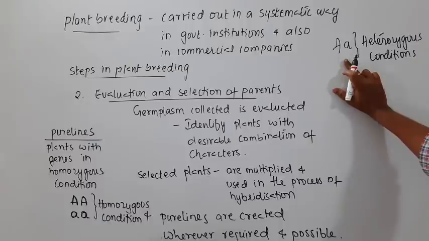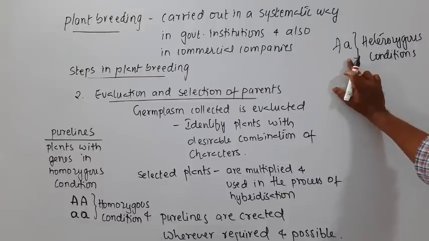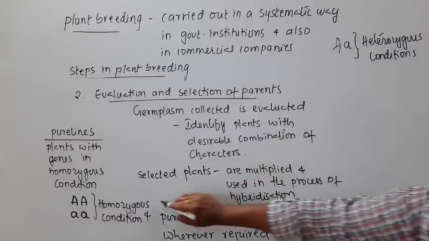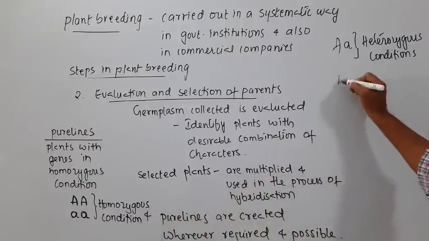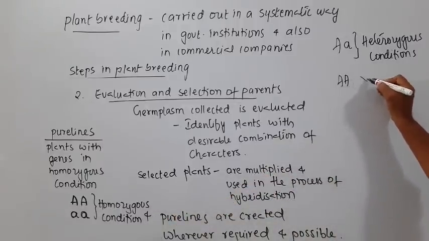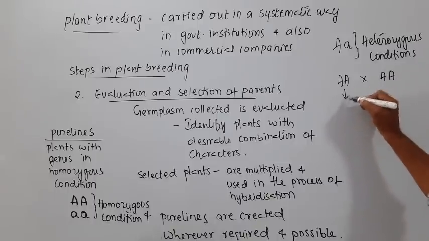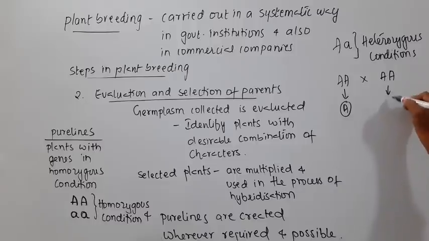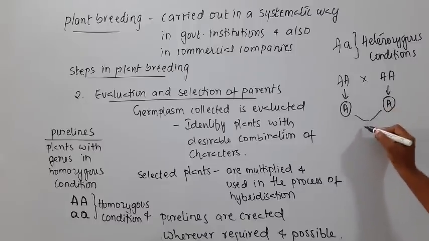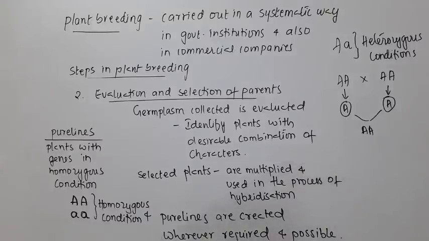That's what we call segregation. We do not want the genes to get segregated. If I cross a homozygous plant with another homozygous plant, then I will again get a plant with the same characters in the homozygous condition.